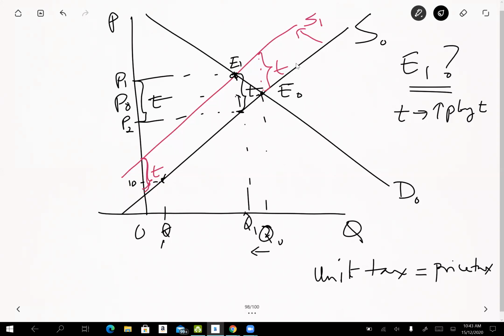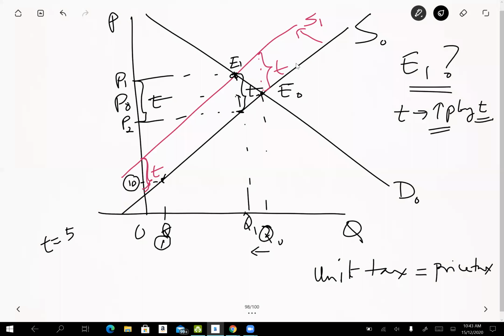And the tax is T, let's say now the tax is 5. So when the firm is imposed the tax, they will just increase the price by the amount of the tax.